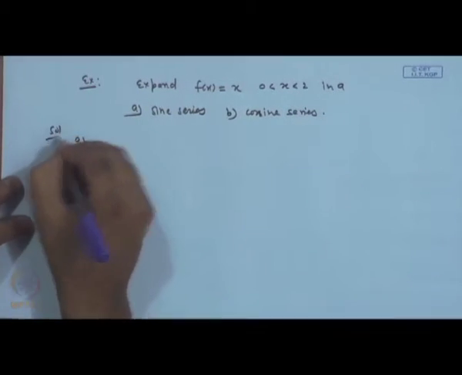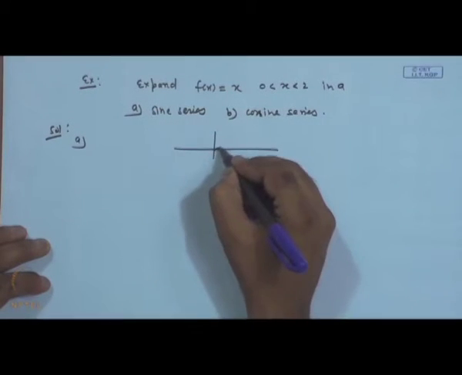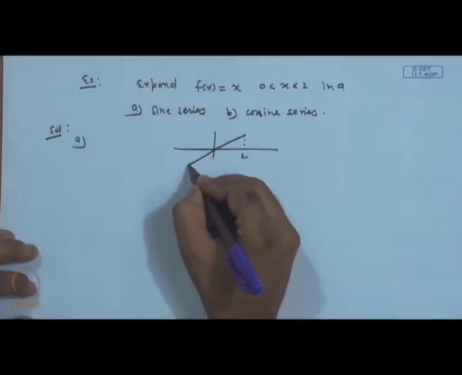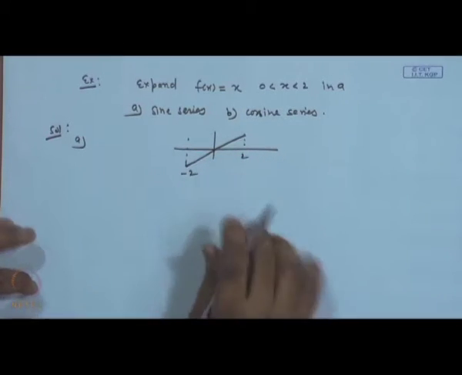So, we take the first case, the sine series. That means we want the extension of this function on 0 to 2 as an odd extension, and then we continue with this period as a periodic function.